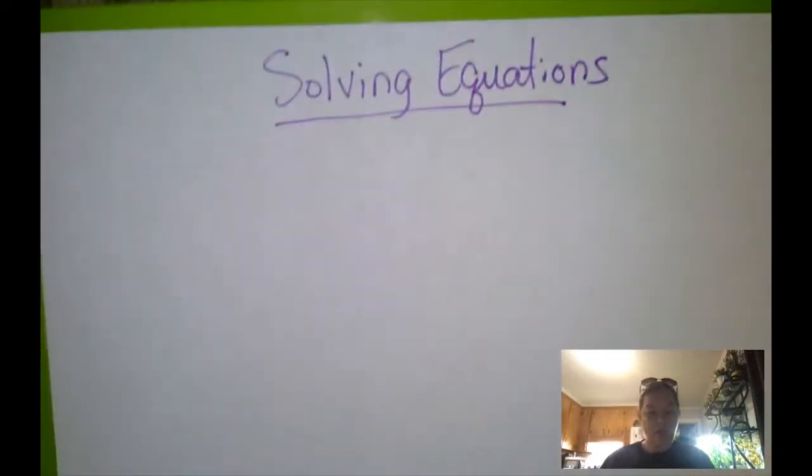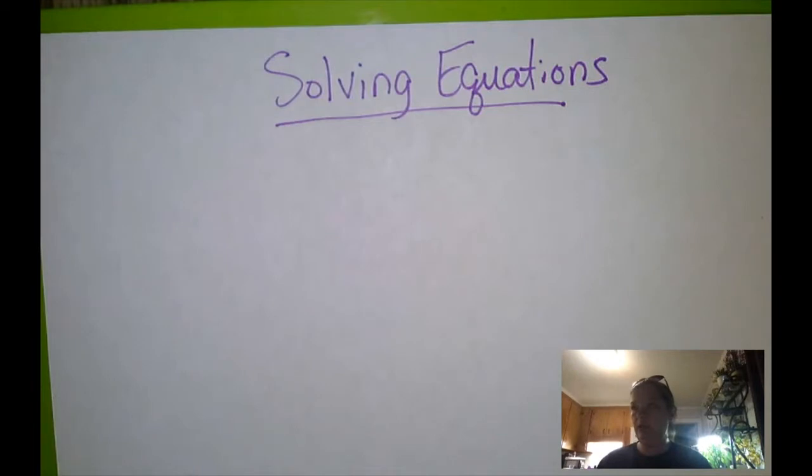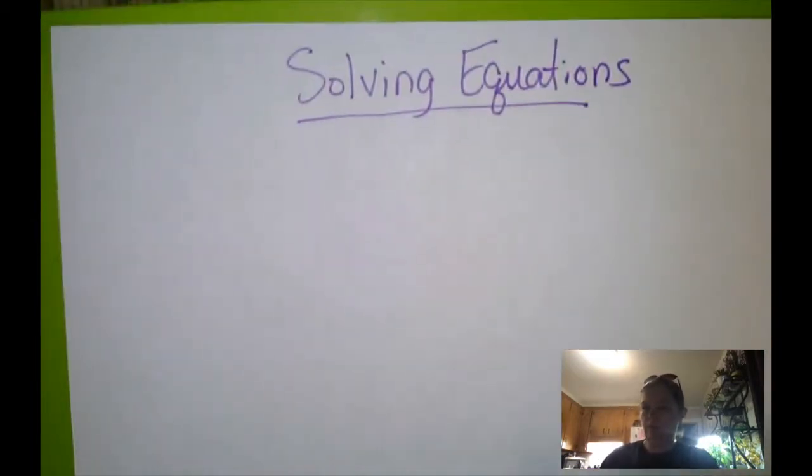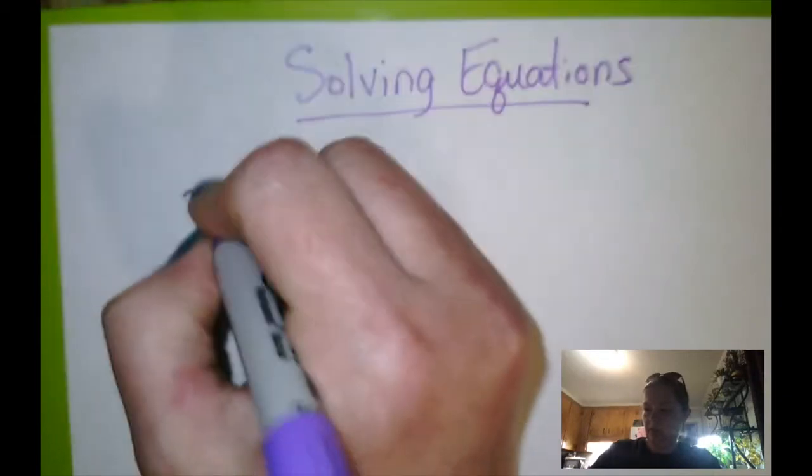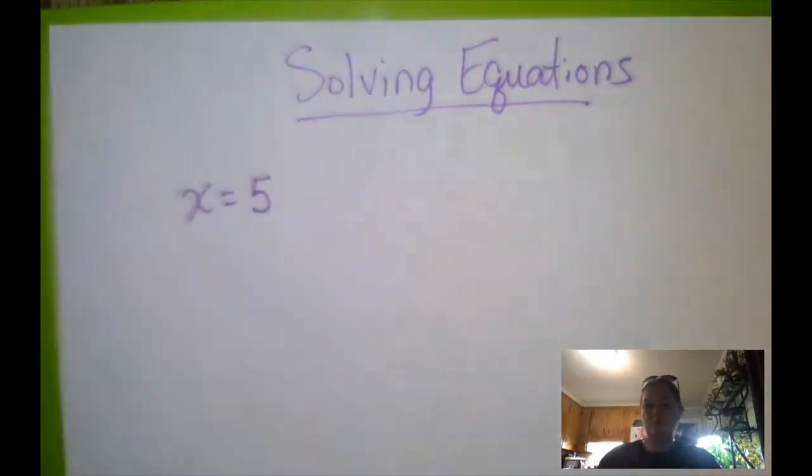Okay. Anyway, I want to kind of refresh your heads about equations. An equation is basically almost like a mathematical sentence. And I'm going to start off with just, this is an equation. X is equal to 5.